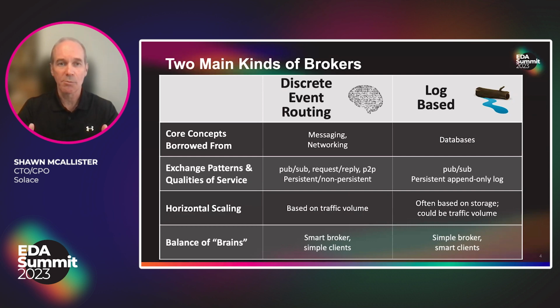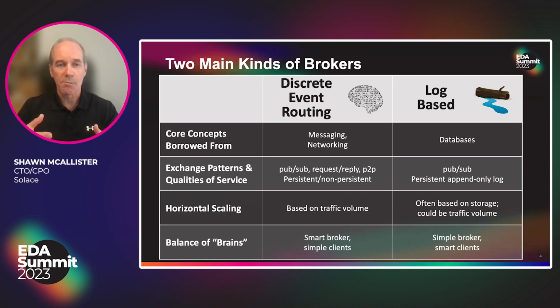From a horizontal scaling point of view, you would scale discrete event brokers based on traffic volumes, so either message rate for small messages or bandwidth for large messages. While you could scale log-based brokers for those reasons, people also very often scale them purely for storage, as they're used as an event store to store many months' worth of events to be able to run analytics on them.